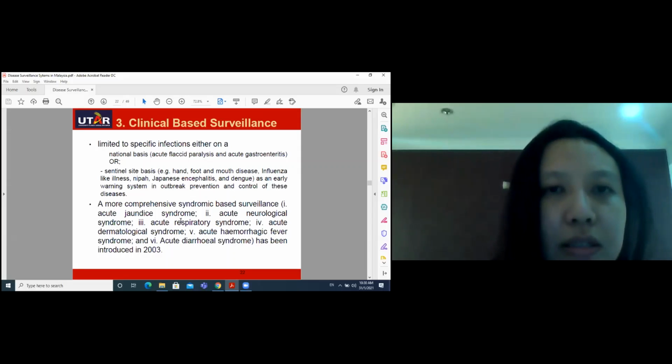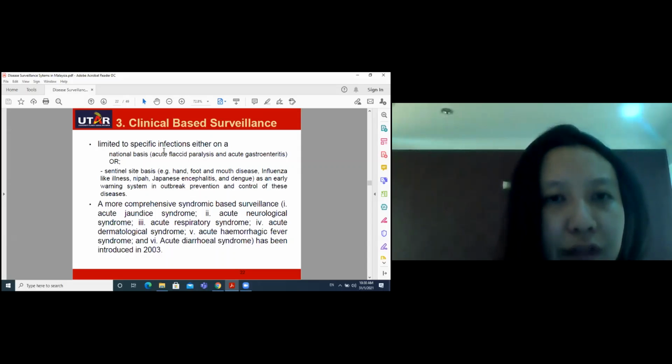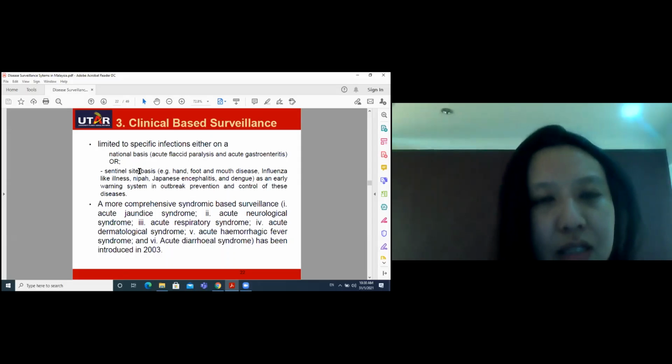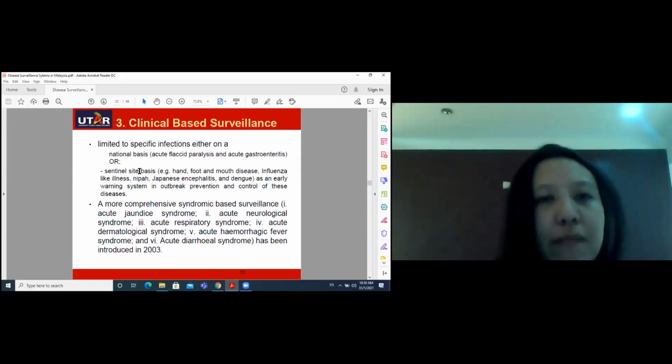So third is clinical-based surveillance. Clinical-based surveillance is also limited to specific infections, either on a national basis or a sentinel basis. For example, as I mentioned just now, dengue, influenza, or hand, foot, mouth disease.